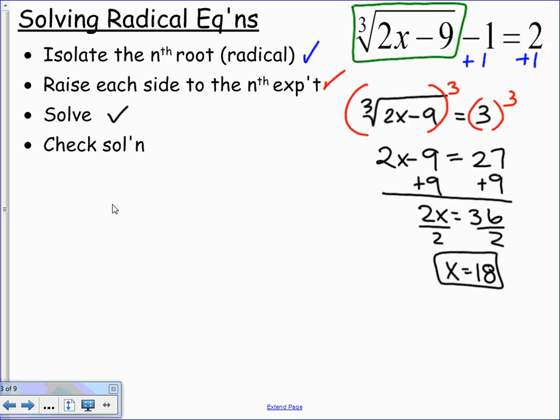But we're actually checking to make sure that the number we got is actually a solution, because in radical equations you can have something, and it's a really big word. Nope, I keep spelling it wrong today.